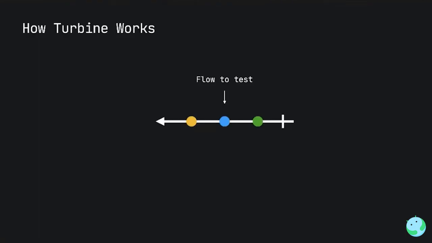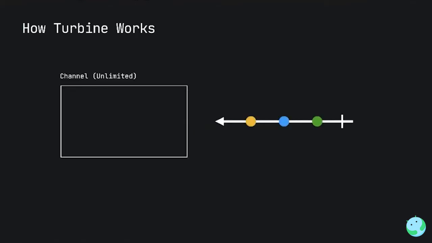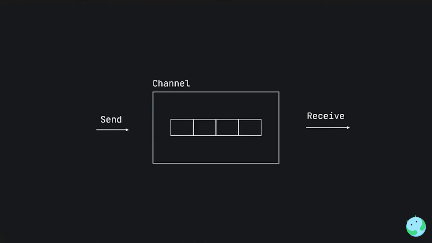The way it works is that it takes any flow that you're trying to test. It takes the emissions in there and stores them into something called a channel. A channel is like a blocking queue. It's very similar to a subject in RxJava. You could send things to a channel and receive things from it, and it caches. You could also specify it to cache what you send to it.